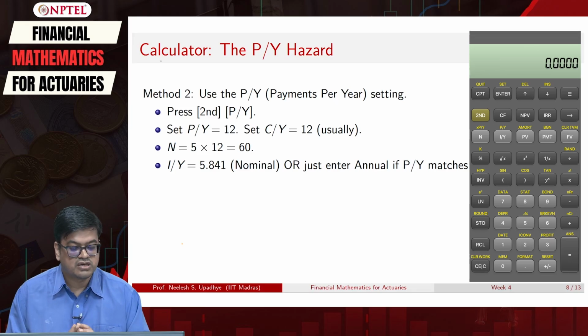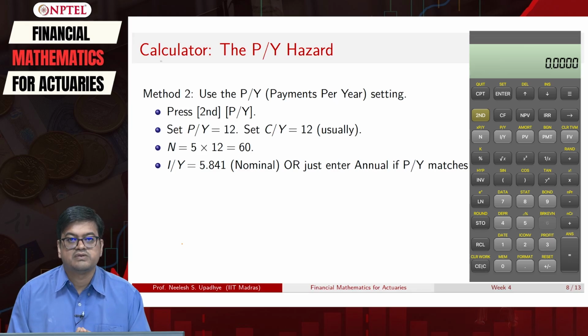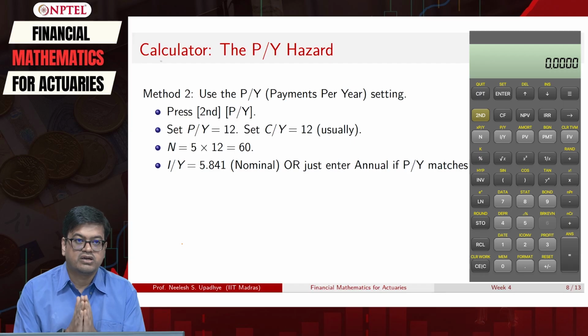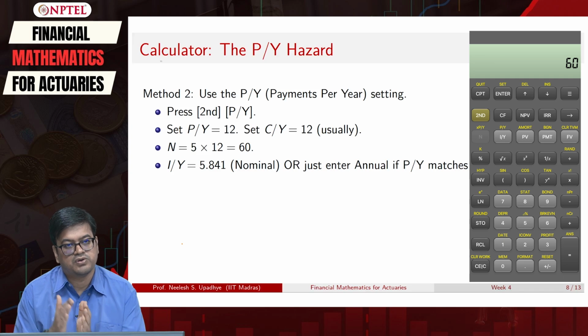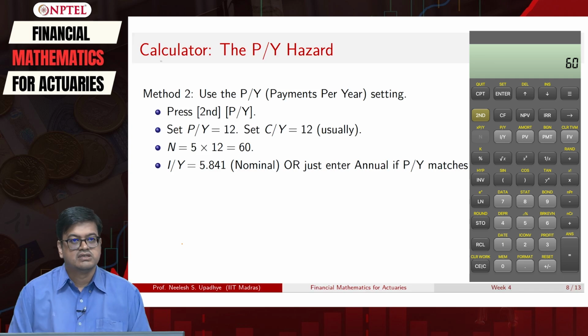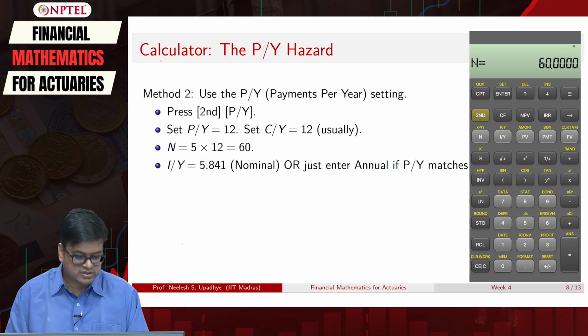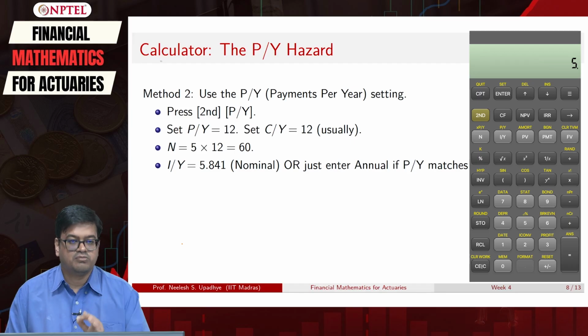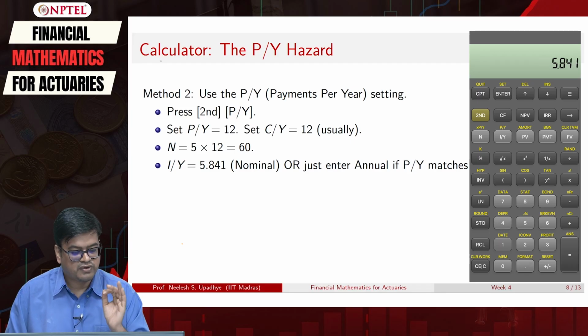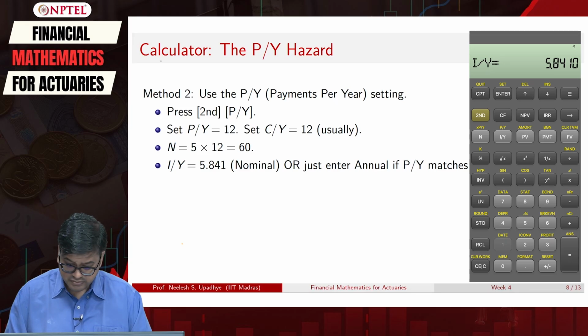Okay. So here the total number of payments, if you look at it on a yearly basis, we are making 12 payments. We are making payments for 5 years. So 5 into 12, 60 payments. So N is equal to 60. Then interest per year, we will put the nominal interest rate figure, which is 5.841.